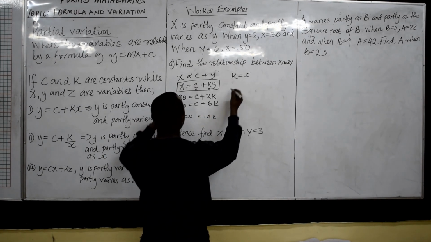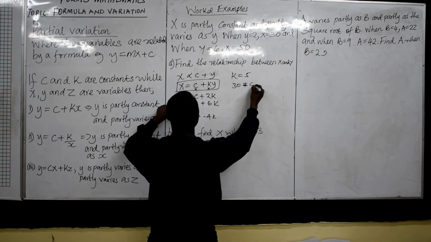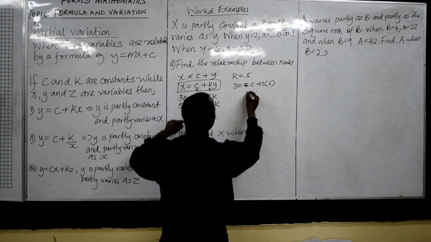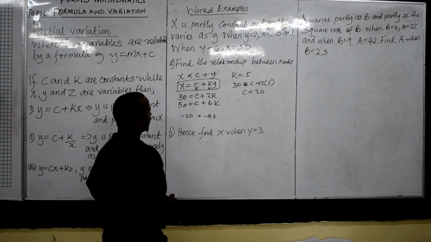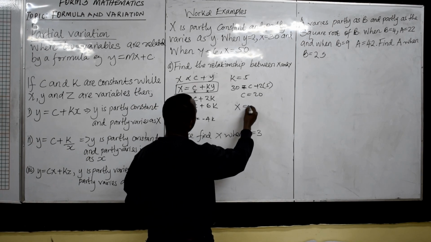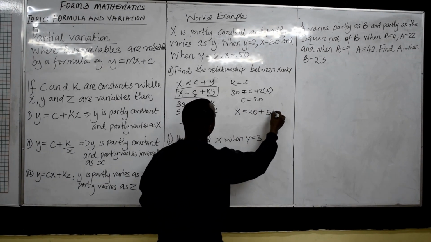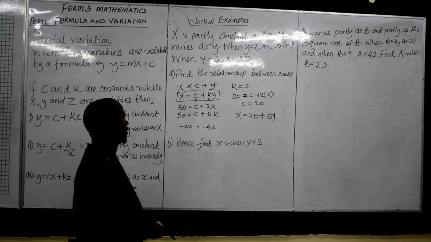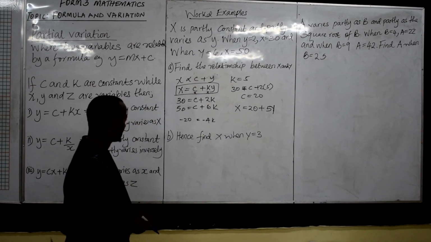So taking one of the equations, we can get c. So c is equal to 20. So the equation connecting x and y is x is equal to 20 plus 5y.